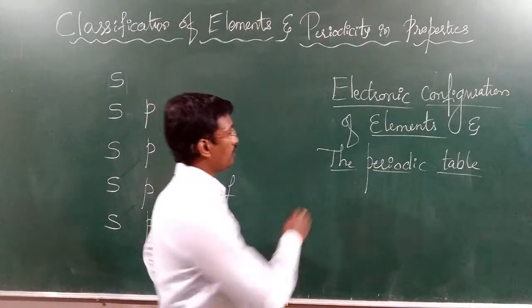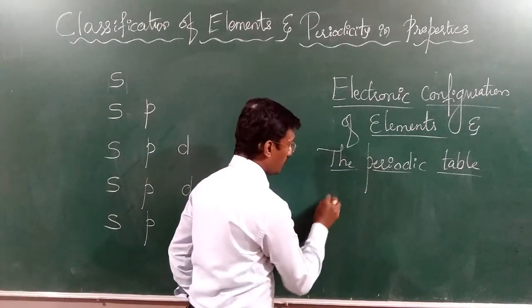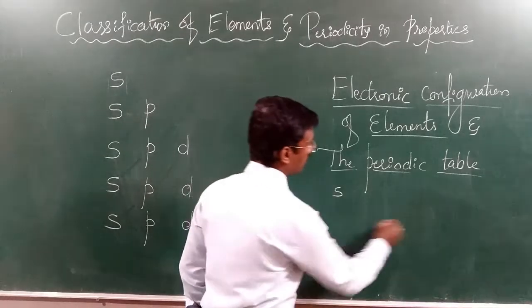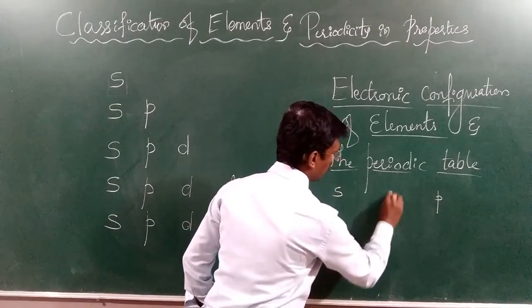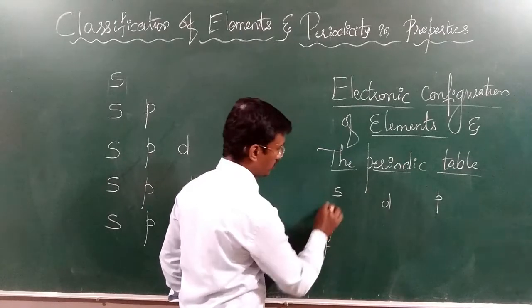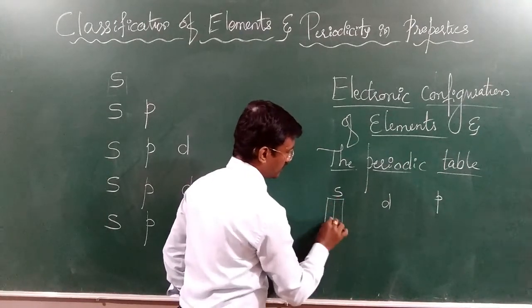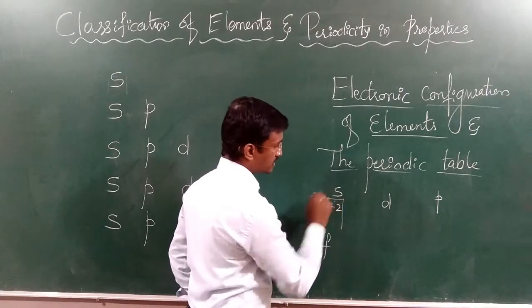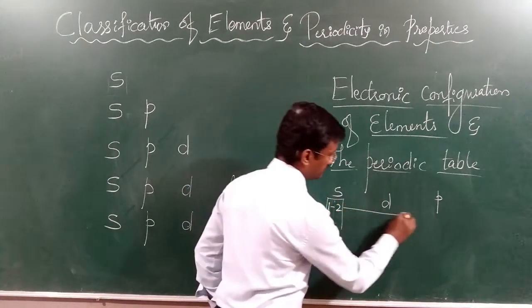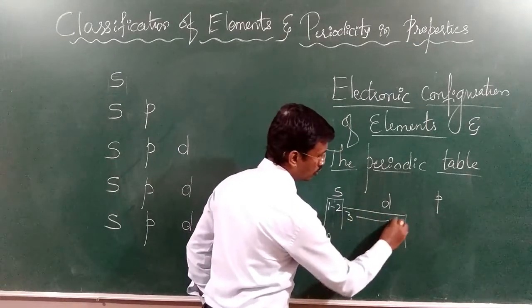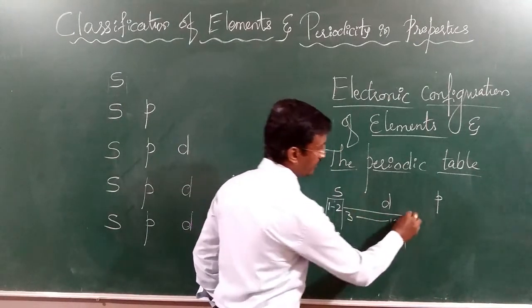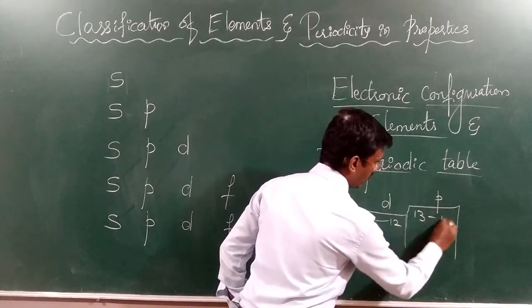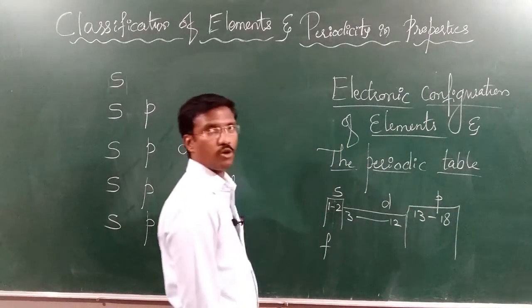Look here. In the periodic table, we observe that there are 4 blocks: S block, P block, D block and F block. Groups 1 to 2 are called S block elements, 3 to 12 are called D block elements, and 13 to 18 are called P block elements.